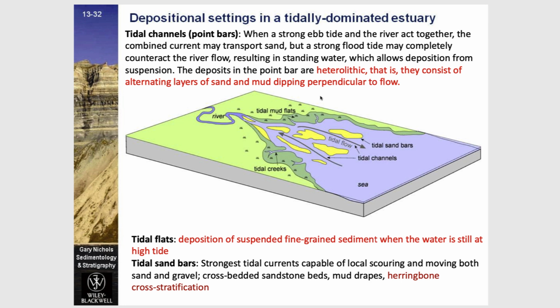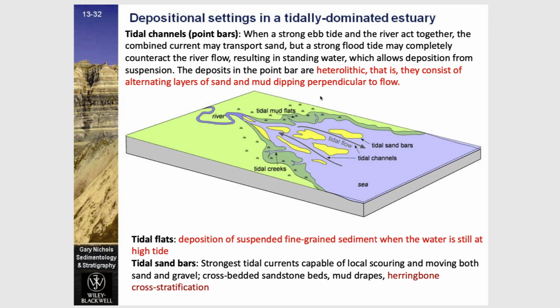So this environment is characterized, similarly to deltas that are dominated by tidal currents, by herringbone cross stratification, cross-bedded sandstones, and also those flaser beds and lenticular beds, which are characterized by mud draping.